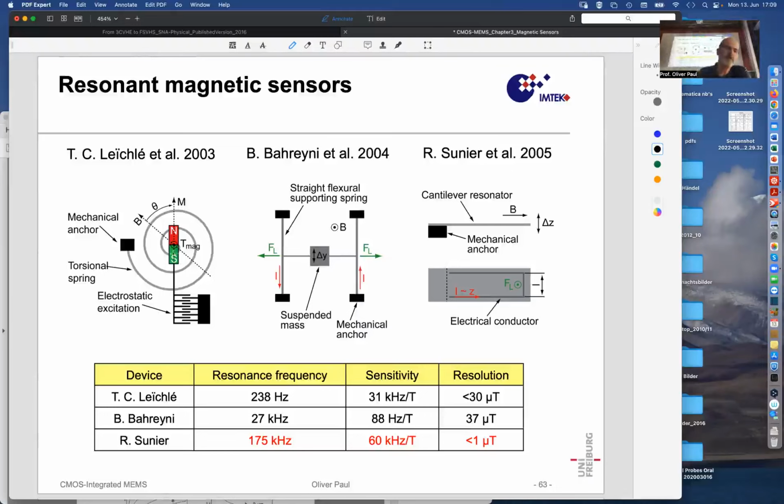And so you can imagine that such a needle, a magnetic dipole, is hinged on a spring. And this spring can be put into resonance. So now the measurement principle is totally different.